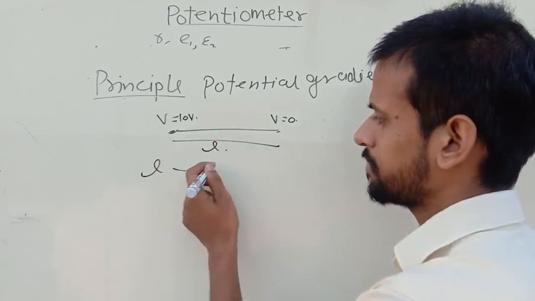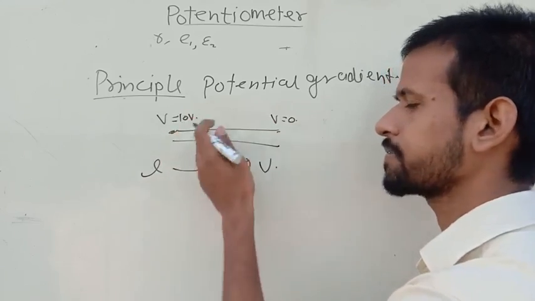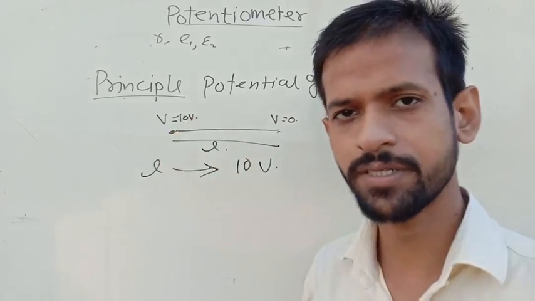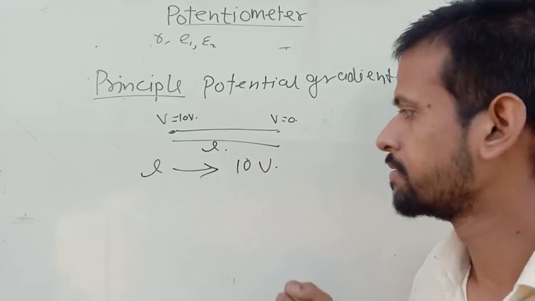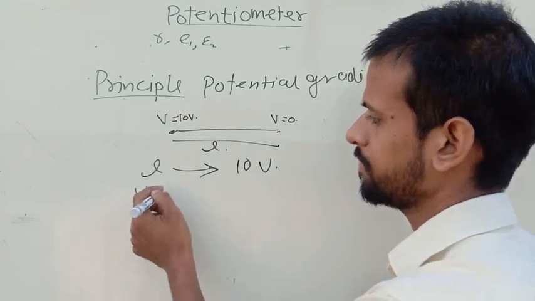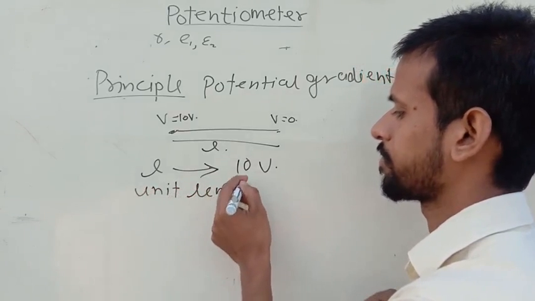For length L, the potential drop is 10 minus 0, which is 10 volt. Then what will be the potential difference for unit length?